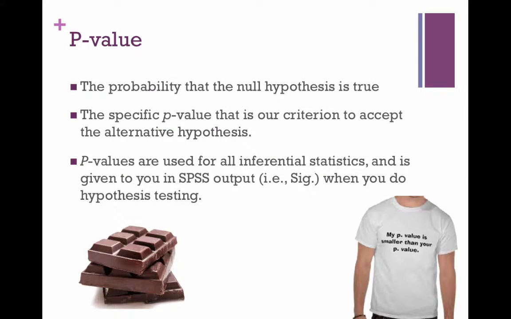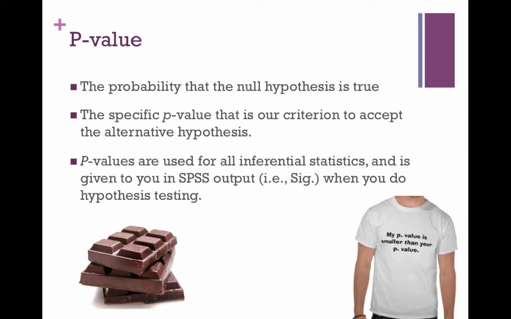And so this p-value is the probability that the null hypothesis is true. And in SPSS, you will get a p-value. That p-value tells you the criterion to accept the alternative hypothesis. So if you get a p-value of 0.05, we're saying that yes, the null hypothesis is true about 5% of the time.